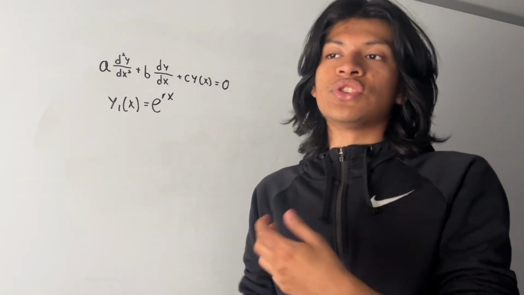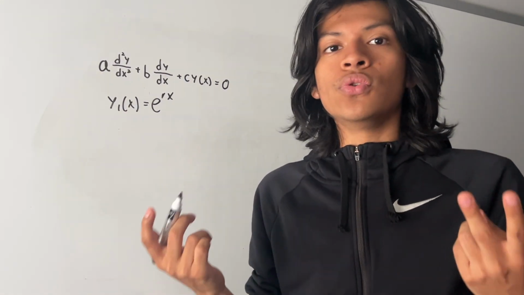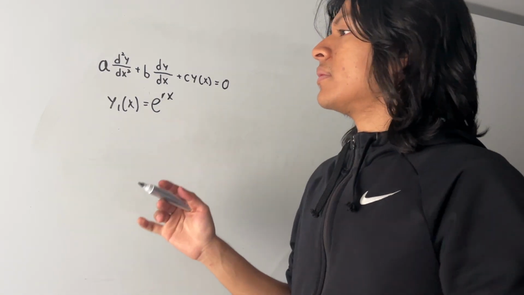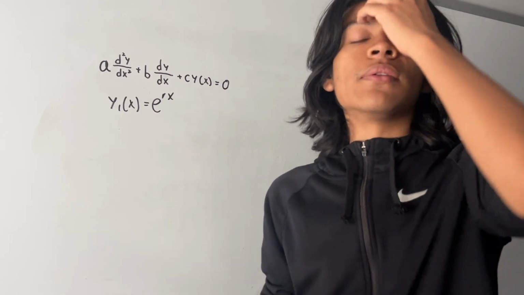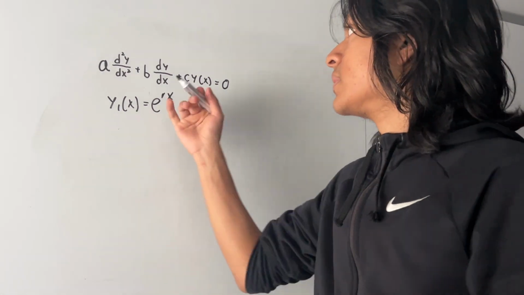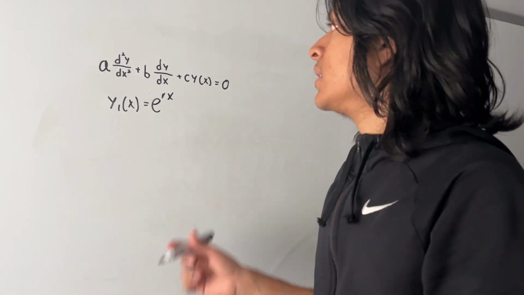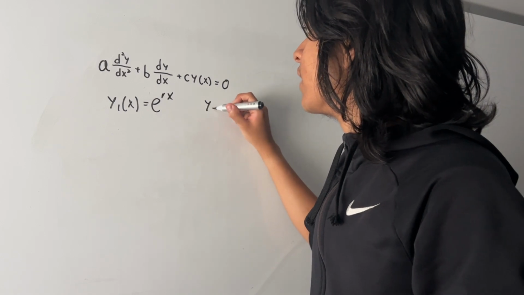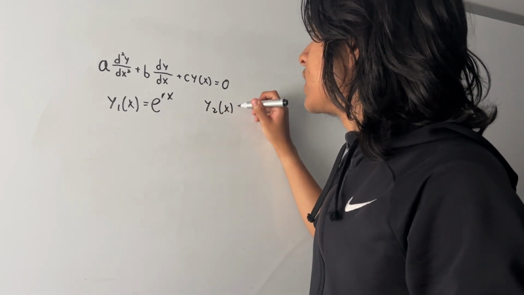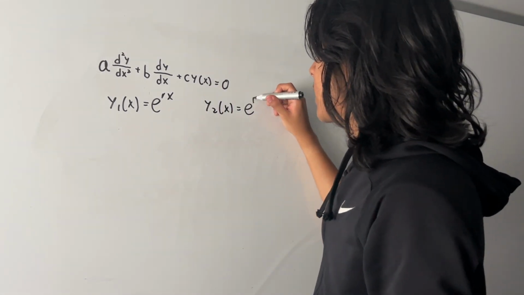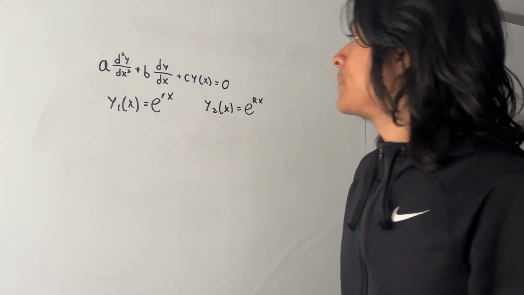We would have to use the quadratic formula and we would get two different values of r, and we would have two solutions, and we could get the general solution for these differential equations. So we would have y1 of x, and then we would also have y2 of x, which has a different value of r. In this one, I'm going to put capital R of x.